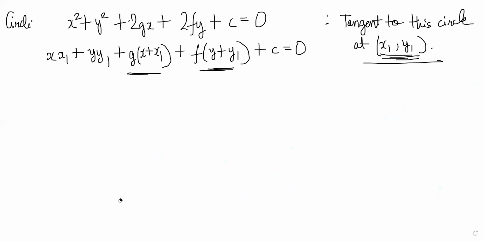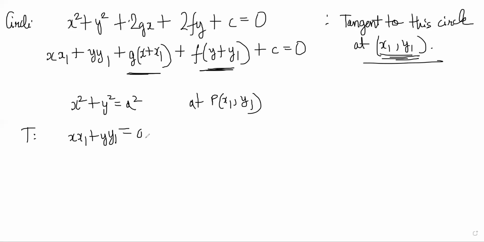In the previous derivation, we showed that for the circle at point P x1 y1, the tangent equation will be x x1 plus y y1 is equal to a square. And here the circle was looking like this. Again, at point x1 y1, the tangent was this. So can you notice some pattern here?